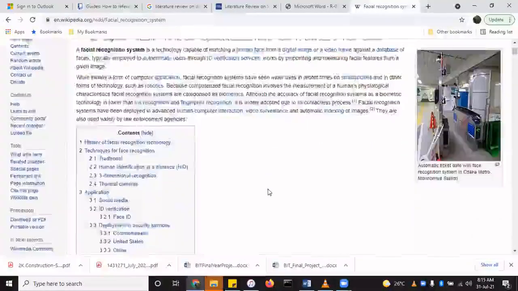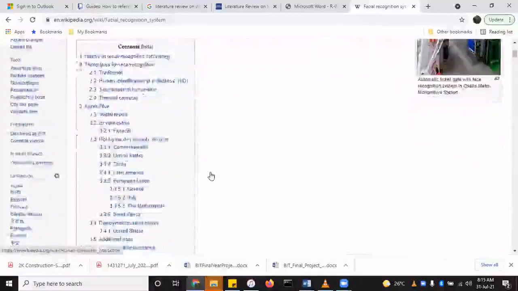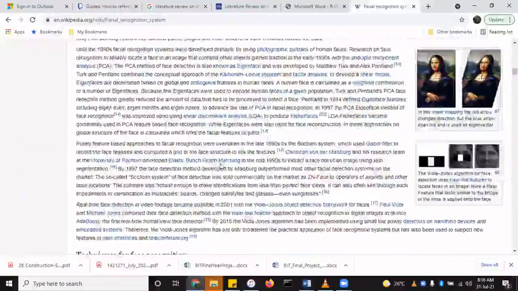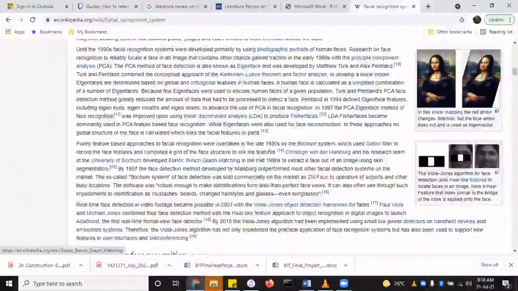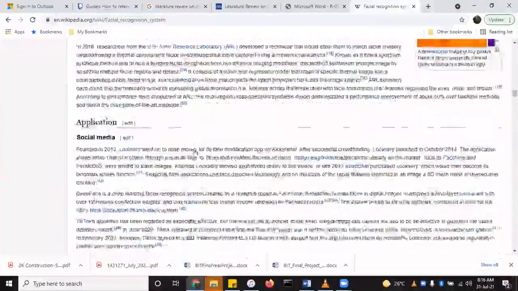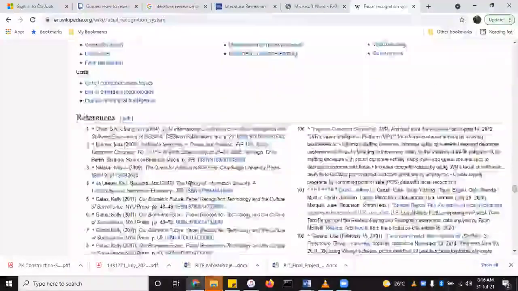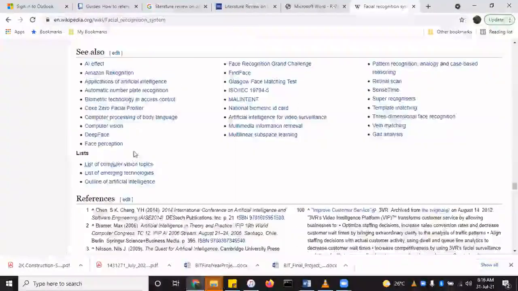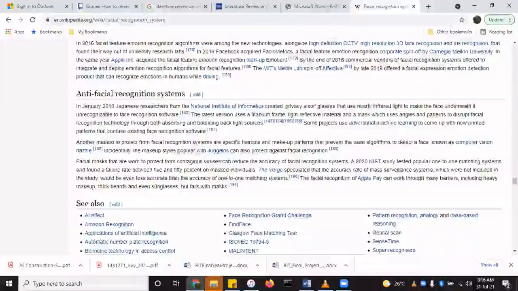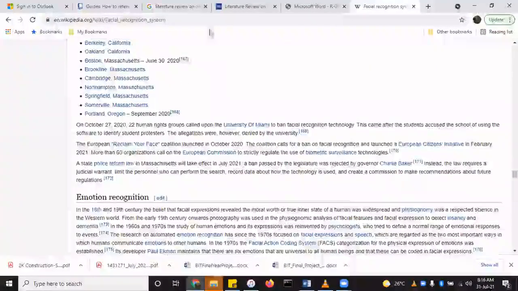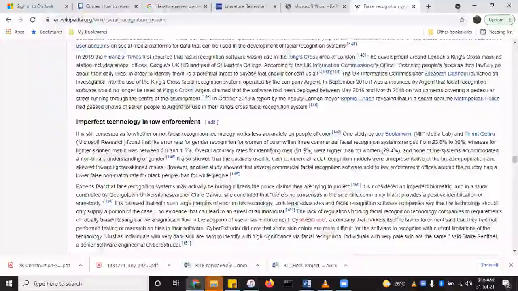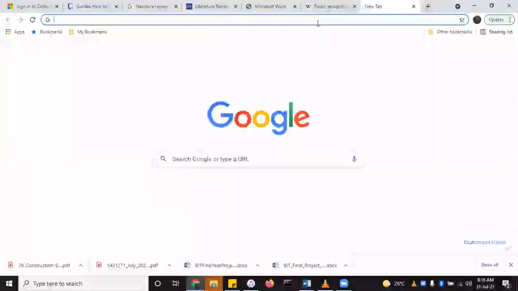Now, if you were to copy some of this information into your literature review, you will notice that it doesn't tell you who wrote this entire document. If you go all the way down, you don't see an author. That's why it's always difficult using information from some of these websites. This is essentially an encyclopedia.